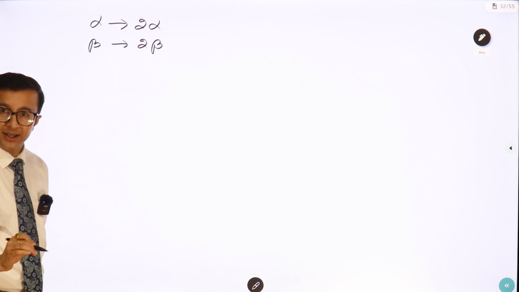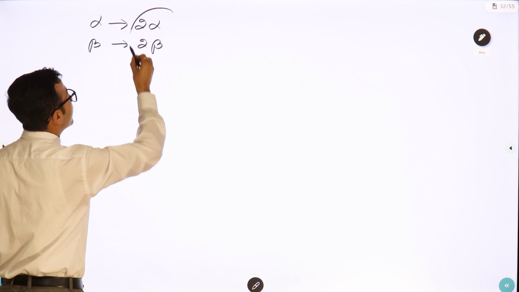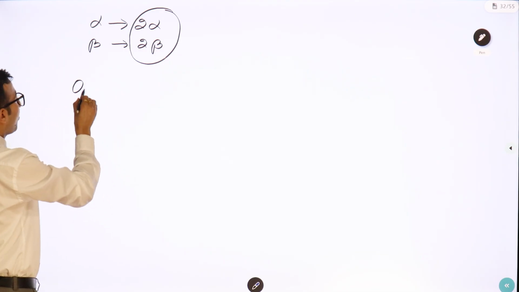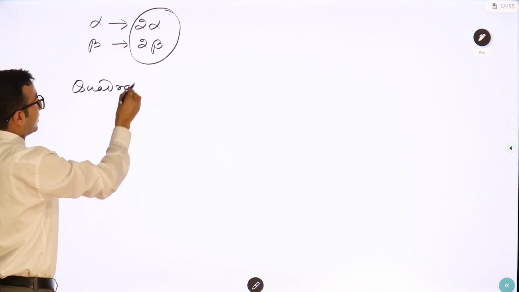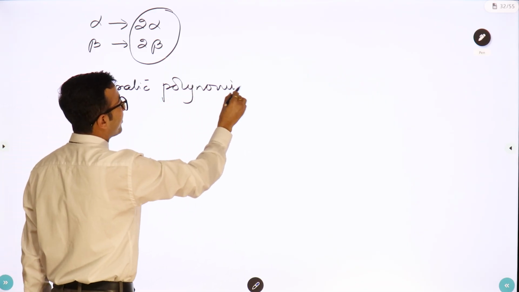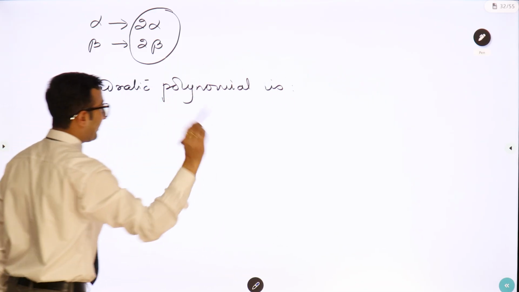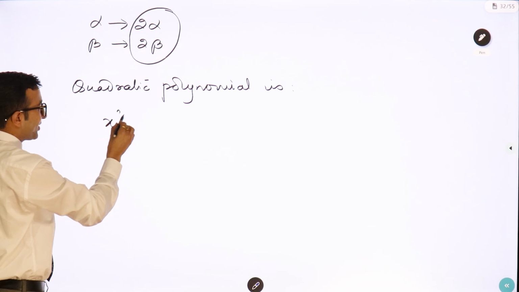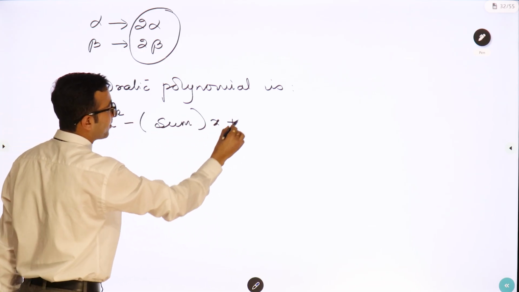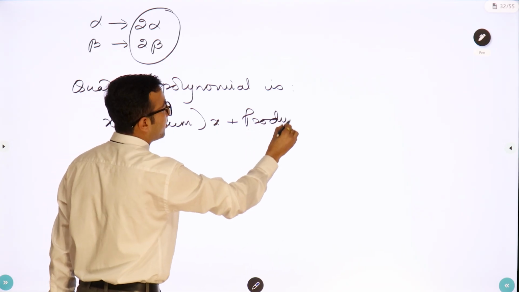So we need a quadratic polynomial whose roots are 2 alpha and 2 beta. What will be the quadratic polynomial? x square minus sum of the roots into x plus product of the roots.